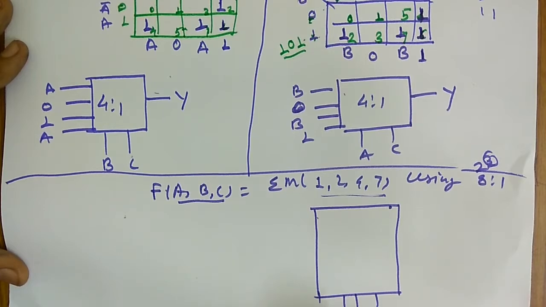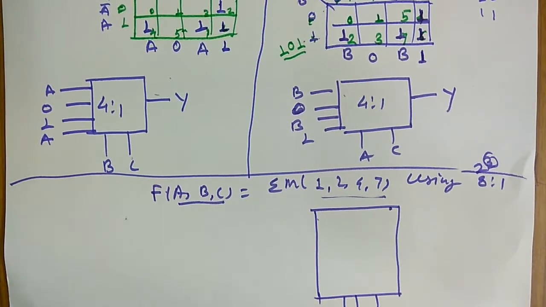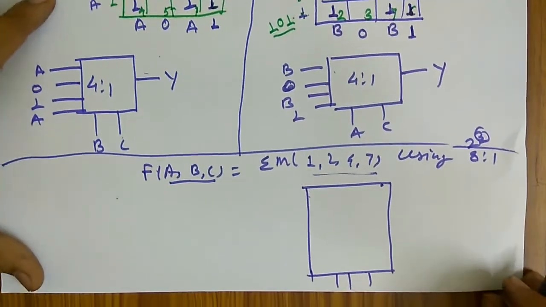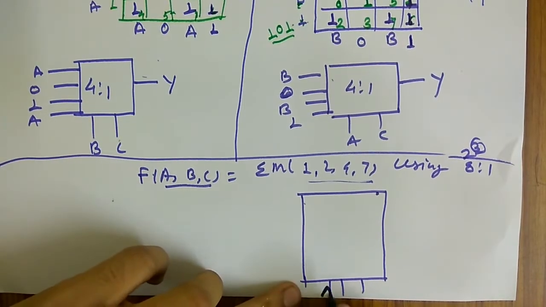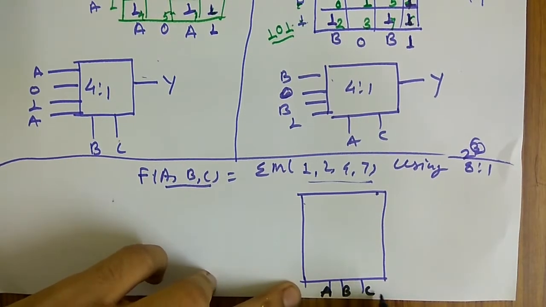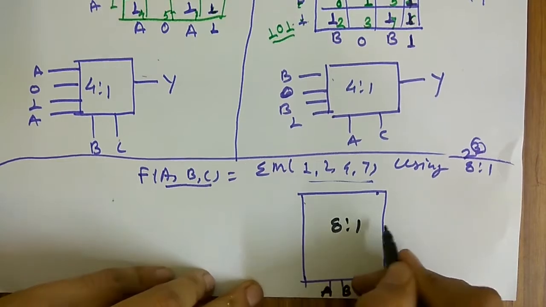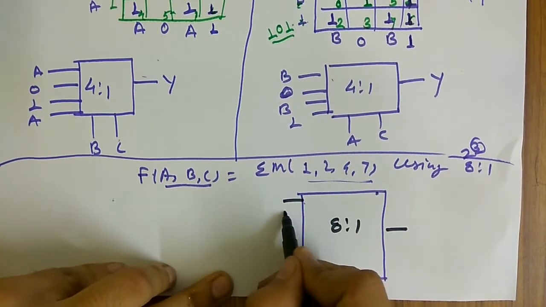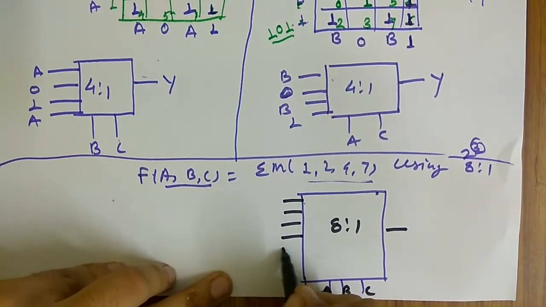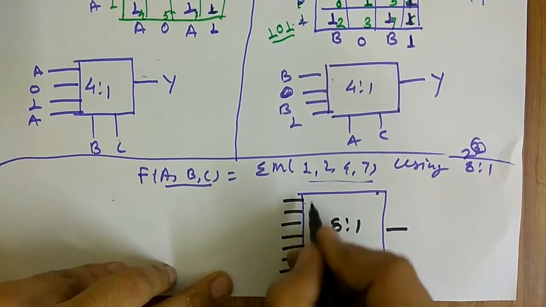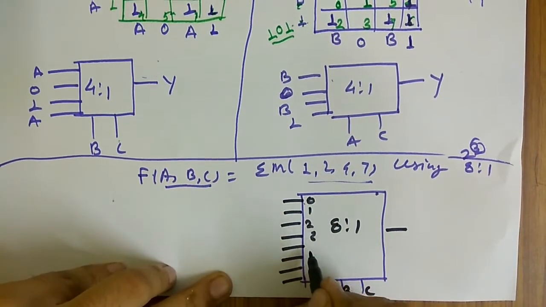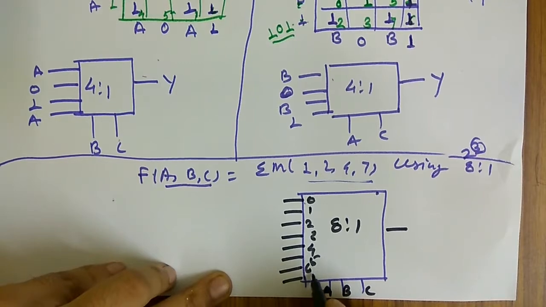This one is A, this one B, this one C, 8 raised to 1 mux. So 0 1 2 3 4 5 6 7, 0 1 2 3 4 5 6 7.